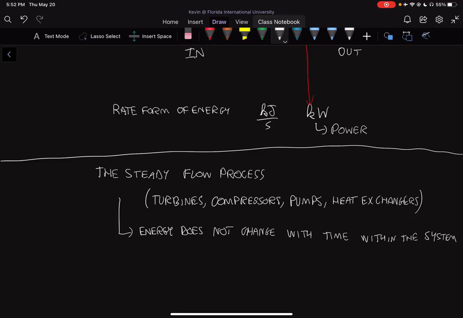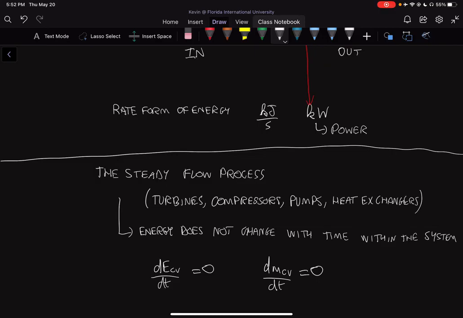And that means that dE of control volume dt is equal to 0. Okay, the energy within our control volume is not going to change, and the mass with time in our control volume is also not going to change. So we can simplify our problem a lot.